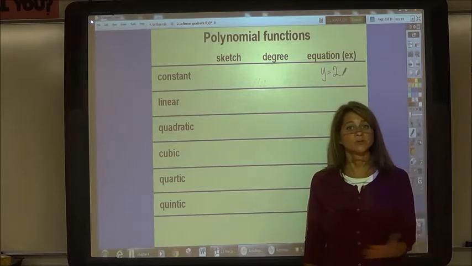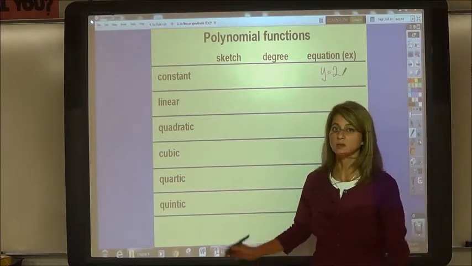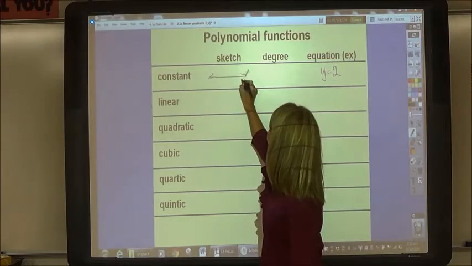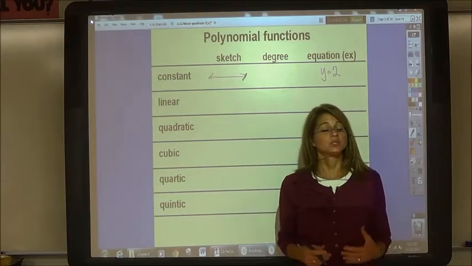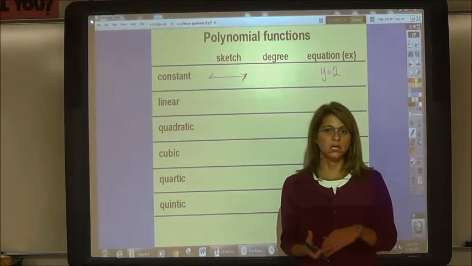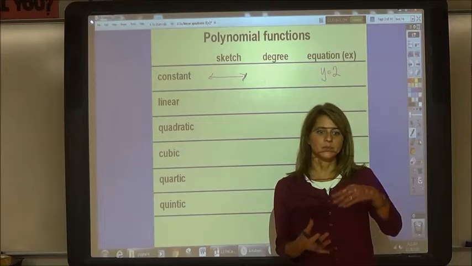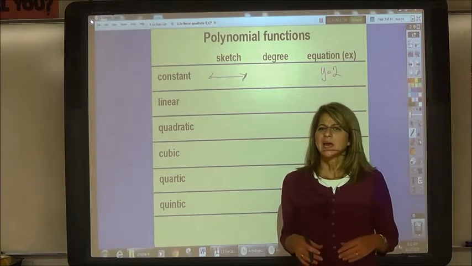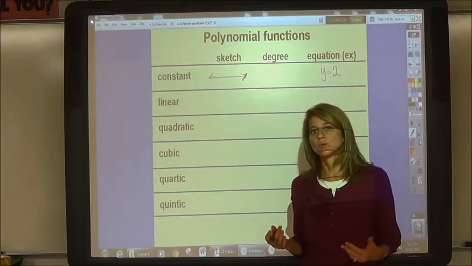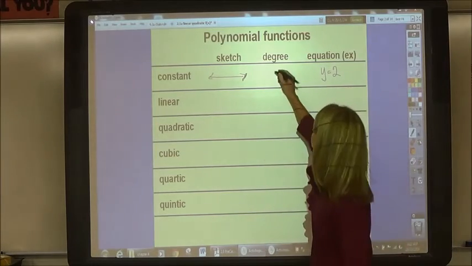And when you sketch that, that's just a nice horizontal line. And if you're asking about the degree of it, that's the degree of the x variable. And there's no x there at all, so we say that has a degree of 0.